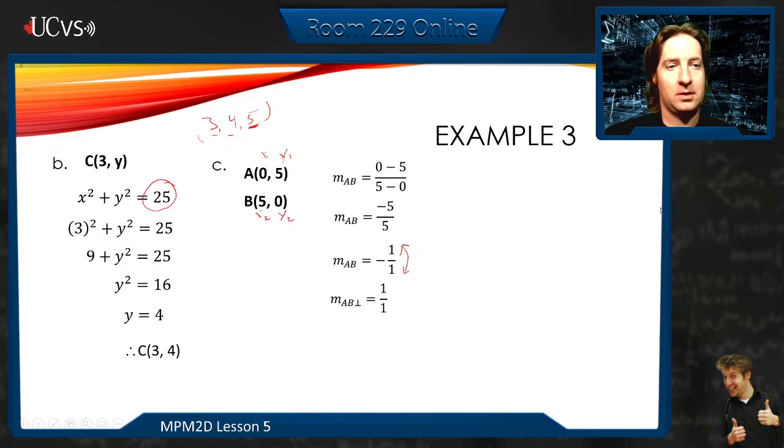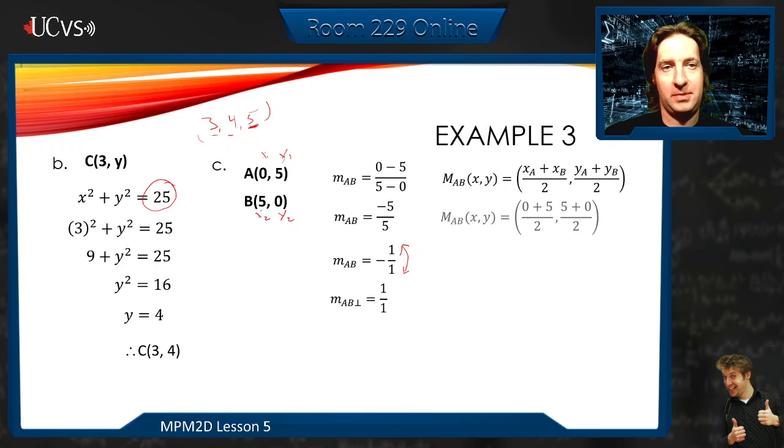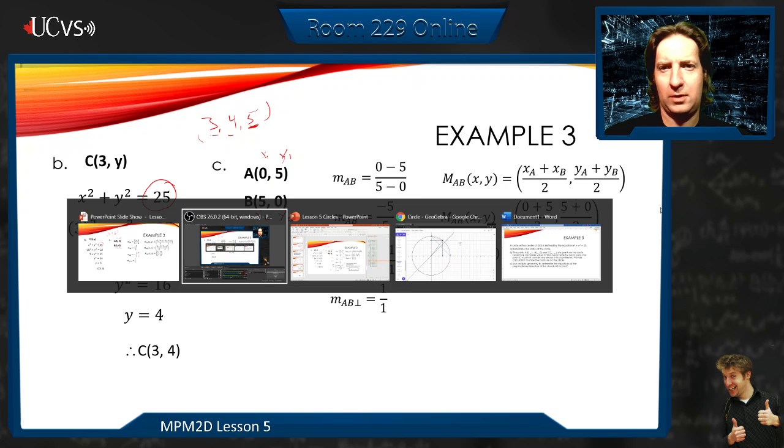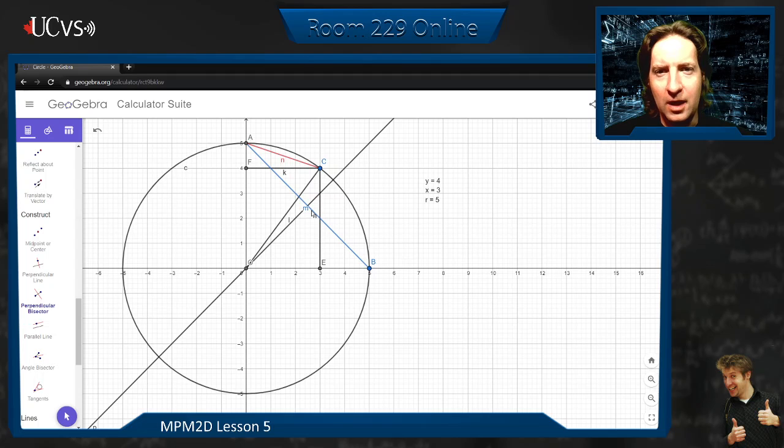So we're going to take our midpoint formula, take our 2 points A and B, plug them in, and we get the midpoint is 5 over 2 and 5 over 2. Does that make sense? 2.5 for each. Let's go back to my graph. So this is going to be my chord AB. So my midpoint is here. That's going to be 2.5 for both x and y, which makes sense.